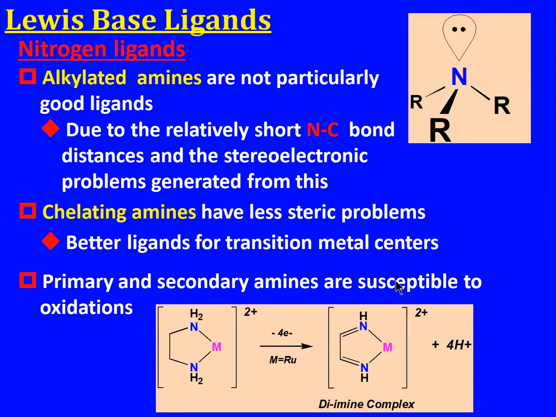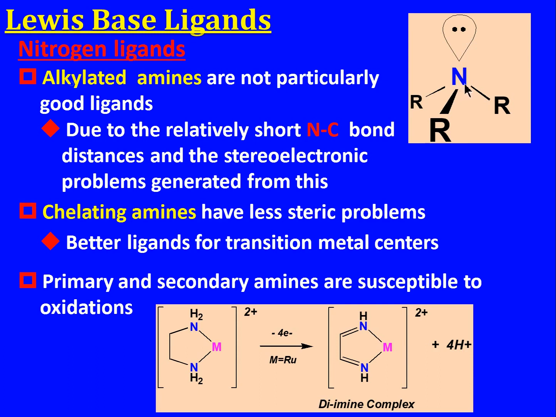In the family of nitrogen ligands, we consider the alkylated amines, which are not good sigma donors due to the structure of alkylated amines. The VSEPR geometry is tetrahedral and the donation of the alkylated amine is from the free lone pair.